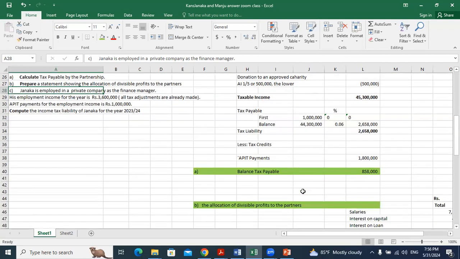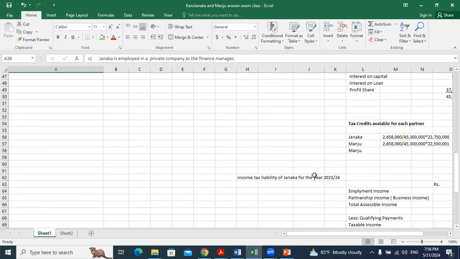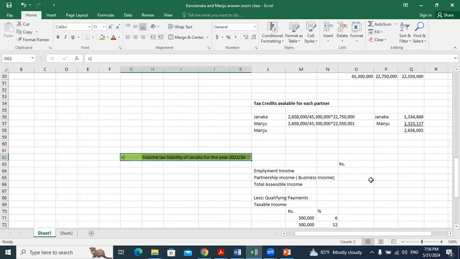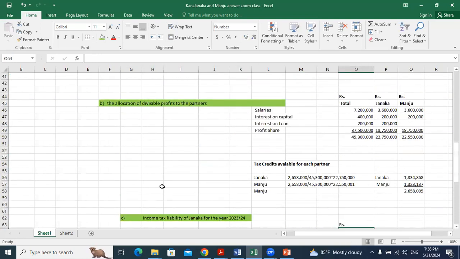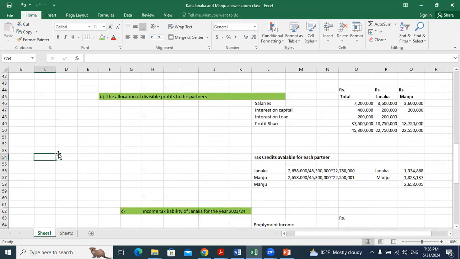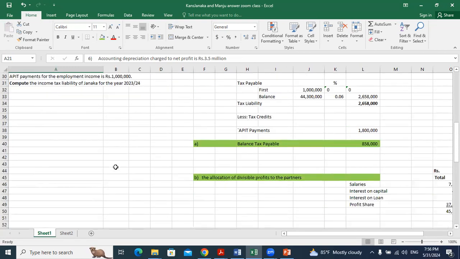Thereafter, we go to this. This is part C. We know employment income, that is 3.6 million. Employment income 3.6 million, advance payment 1 million.